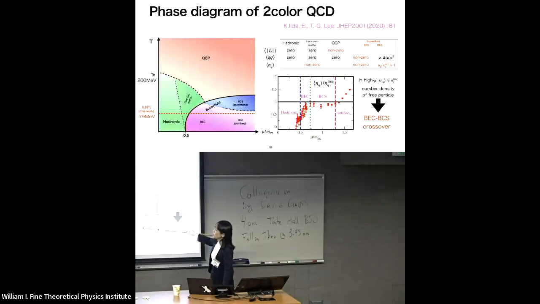But in the case of two-color QCD, the diquark is a singlet, so it is expected that confinement remains in the ultra high density region. Once we observe this local quantity, the quark number density, the value is consistent with a free quark picture. However, on the macroscopic scale, it is expected that the confinement properties remain in two-color QCD. So I think it is another difference from the real three-color QCD. But it is still unknown whether this blue region goes down or not. This is an open question.